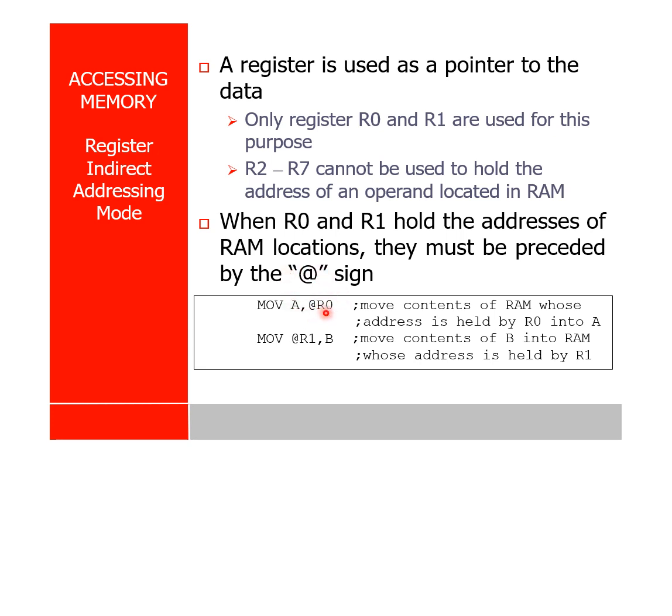So the data whose address is given in R0 will be moving to A. This means from B, the data will be moved to a memory location. Which memory location? The one whose address is given in R1. So this is register indirect addressing.